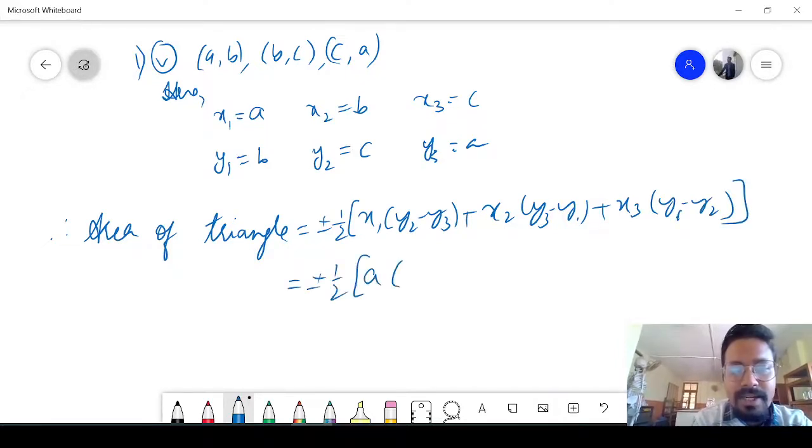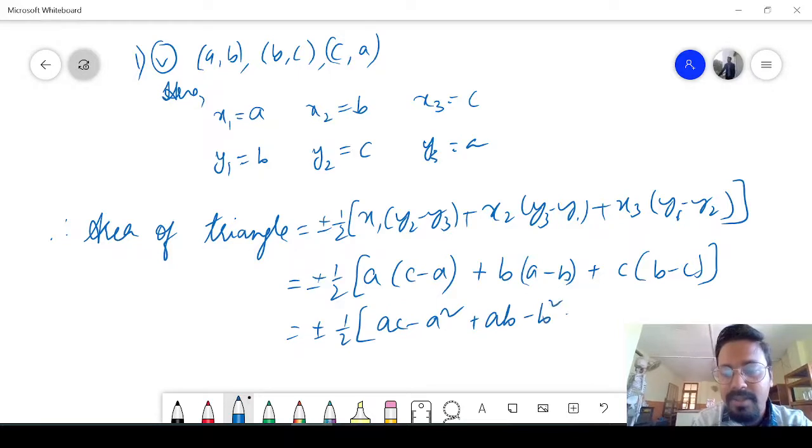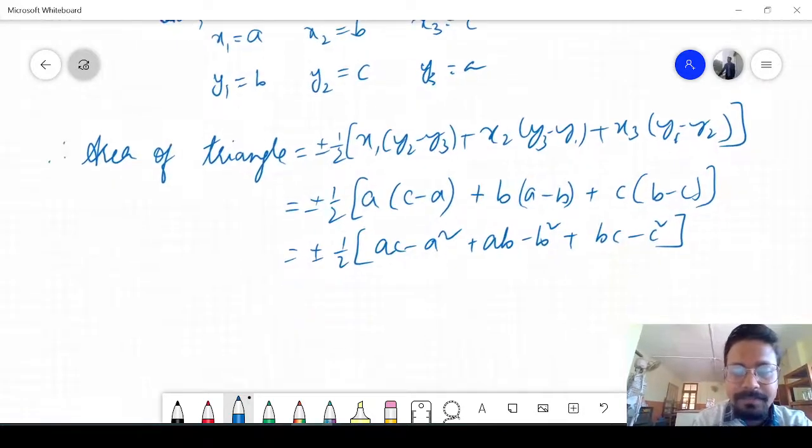It is a into (c minus a), plus b into (a minus b) plus c into (b minus c). So what do we get from here? Plus minus half into ac minus a square plus ab minus b square plus bc minus c square.